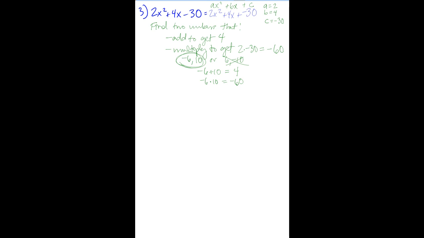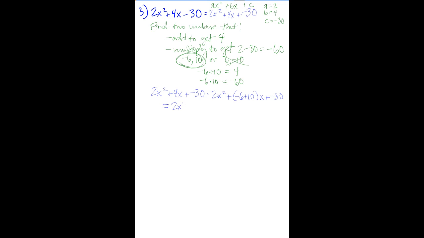So I can go ahead and rewrite this. I can write 2x squared plus 4x plus negative 30. That can be rewritten as 2x squared plus negative 6 plus 10 times x plus negative 30. And so now I've broken my b down into the two pieces like I need.